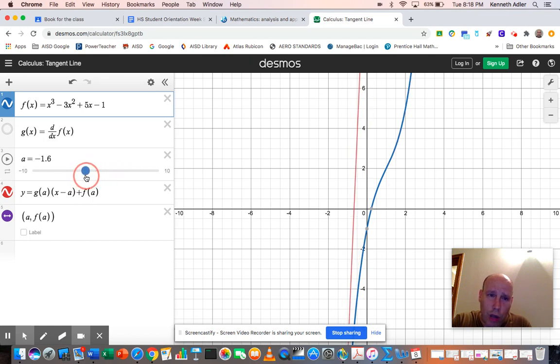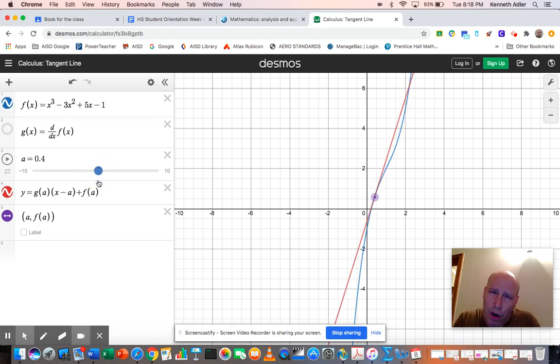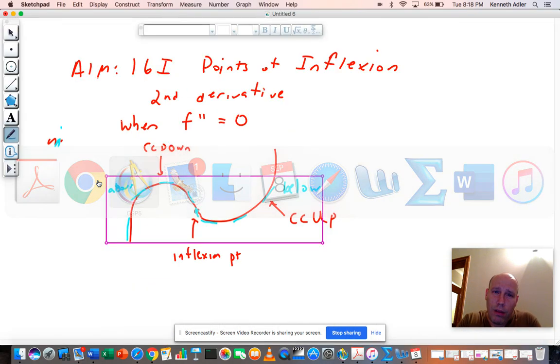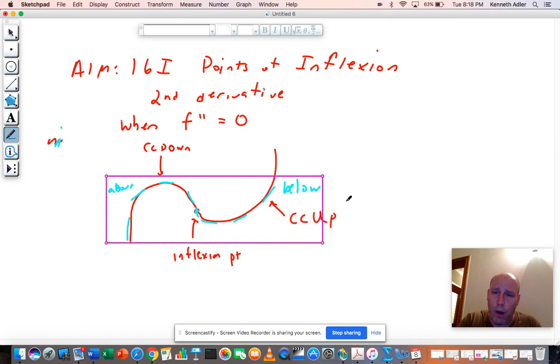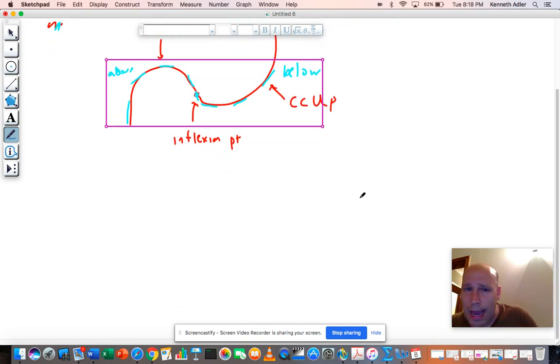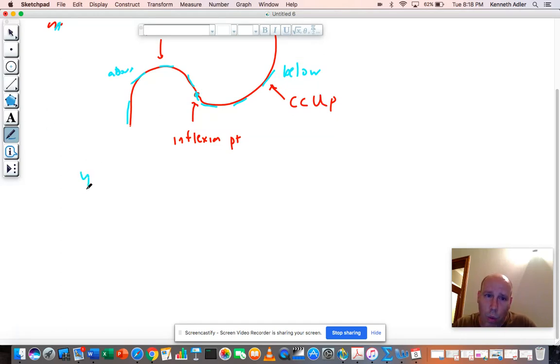We have this tangent line, and the question is, what's going on at the inflection point? First of all, can we figure out what the inflection point is? Let's go back to our sheet and figure it out by hand. So y equals x cubed minus 3x squared plus 5x minus 1.